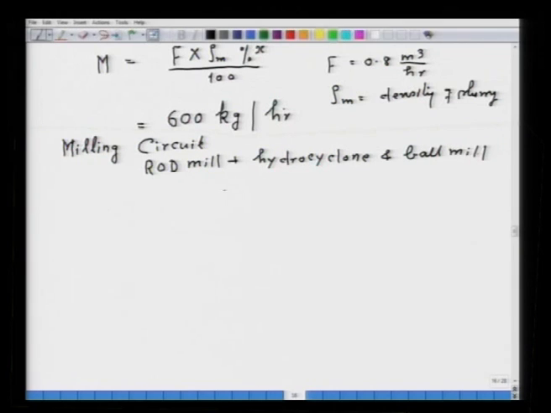This will look like, for example, if I take a feed, and the feed enters into rod mill. Here I add a little amount of water in order to make a slurry, grinding occurs, then the feed flows into hydrocyclone.